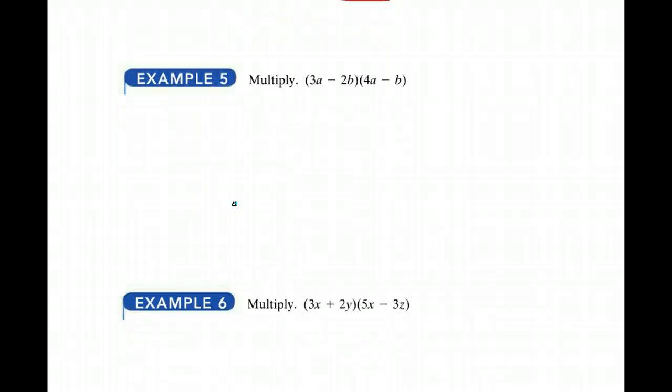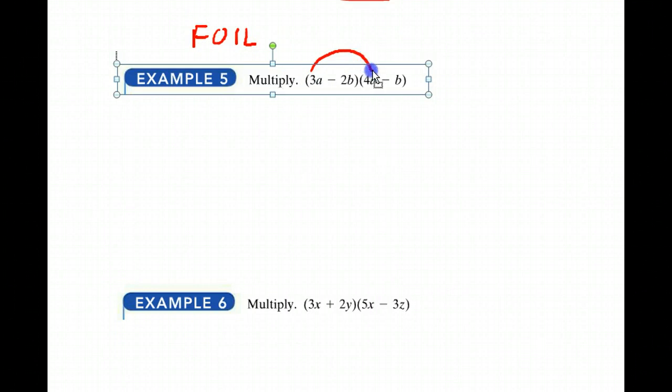Example 5. Just more foiling. We're going to keep practicing foiling until we are good at this. So we're going to start with first times first. 4a and 3a make 12a squared. Outers, 3a times negative b makes negative 3ab.